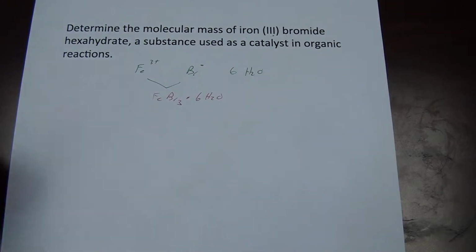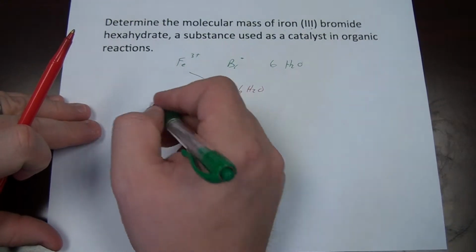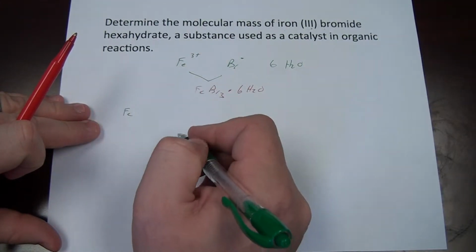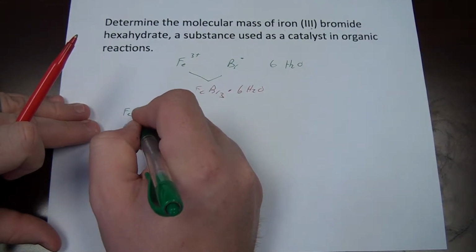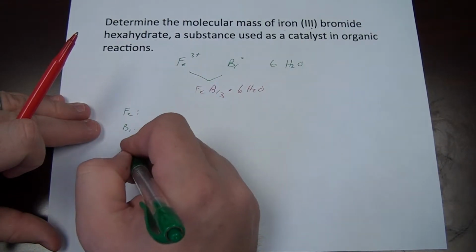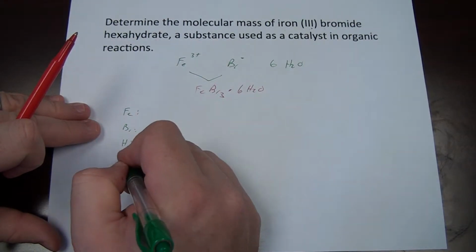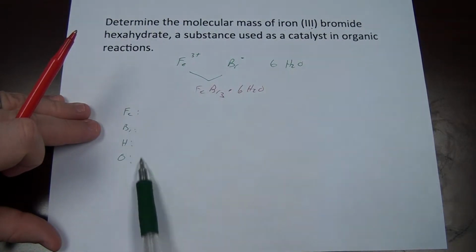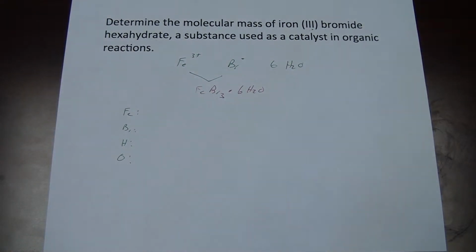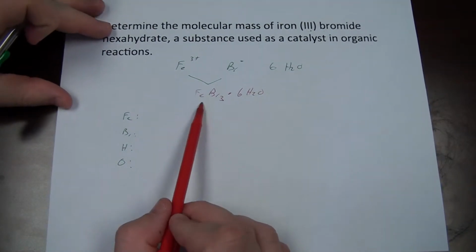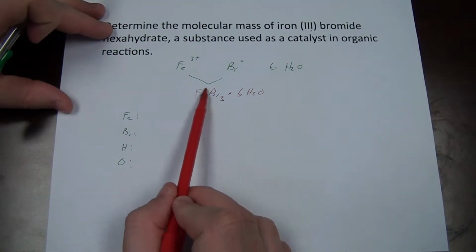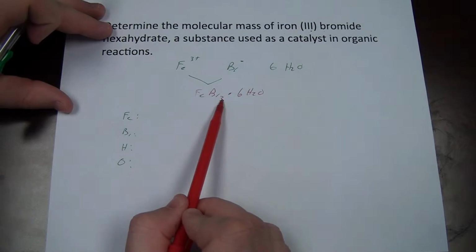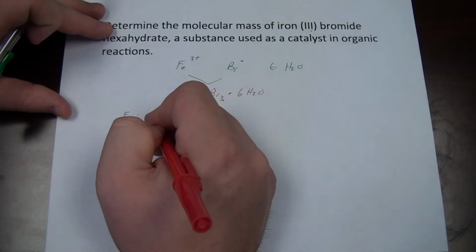Right? So again, in this formula, we're going to have iron, bromine, hydrogen, and oxygen. Right? So all the elements represented here have to be down here. There's one iron here, only one of that part of the molecule, so that is going to be a 1.